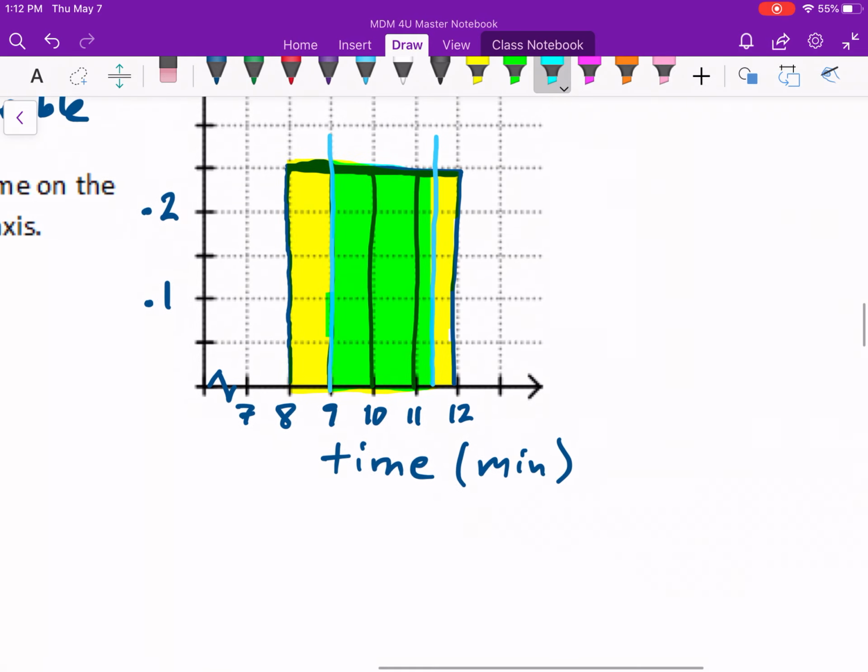Well, if each bar is 25% of the overall graph, I can see that I've got 2.5 bars here. 9 to 10 gives me 25%, 10 to 11 gives me 25%, half of 11 to 12 gives me 12.5%. All right?